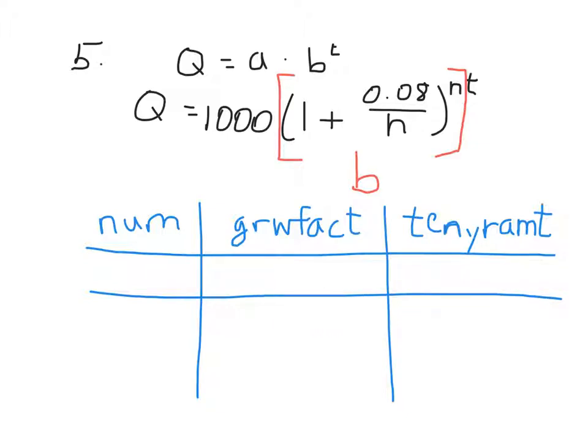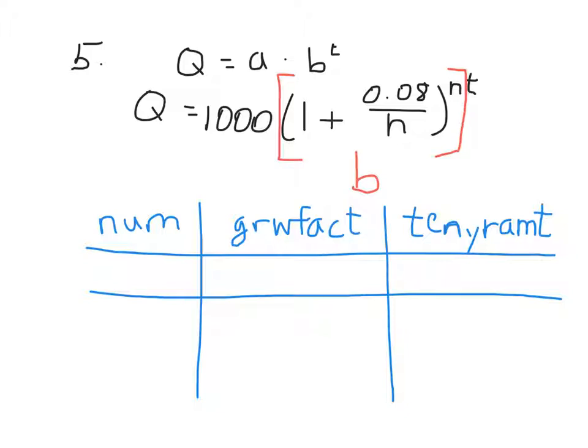All right, and when you need to call up num, as you can see, you're supposed to enter num twice into that formula. You can either just spell it out, or you can go to your vars button and find it there. And then the same thing over here. Of course, over here, since you already have your b, or your growth fact, you could use that as your variable.